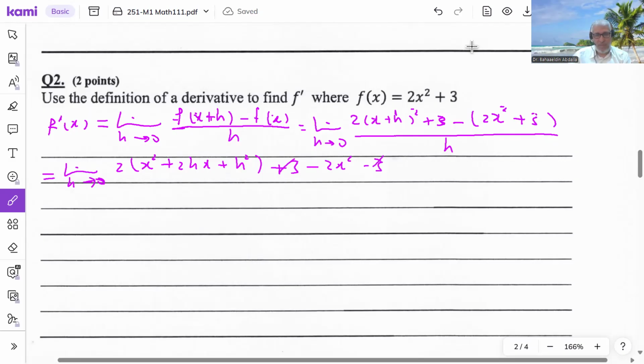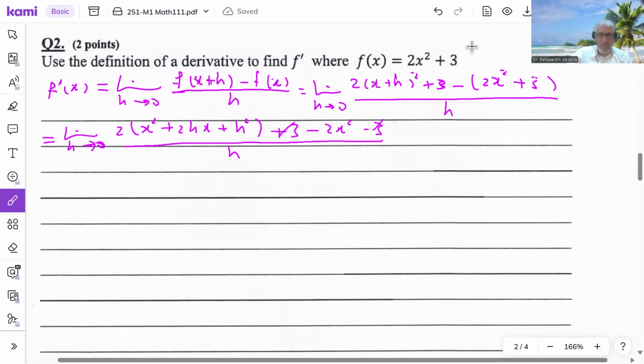So I can cancel 3 with 3, all of this over h. Now again, the limit is still there. Expand, I'll have 2x squared plus 4hx plus 2h squared. I'm multiplying 2 times the 3 terms, minus 2x squared over h.